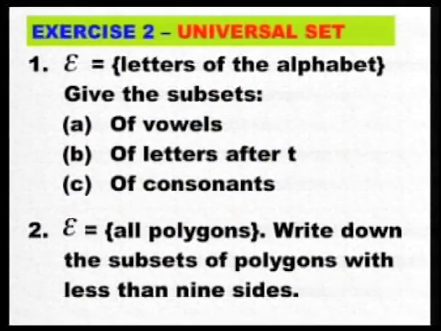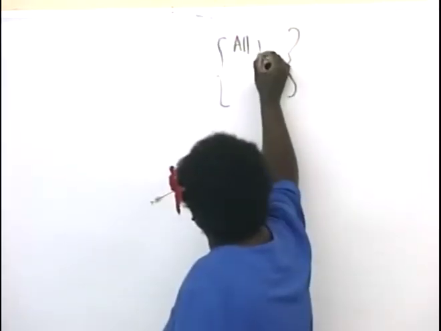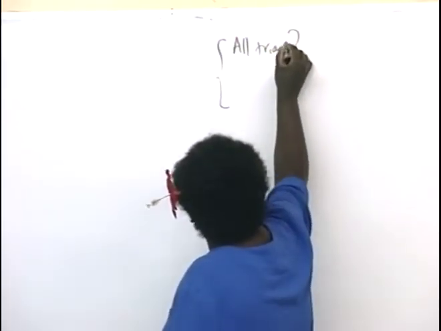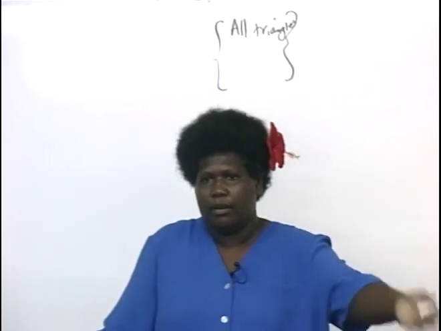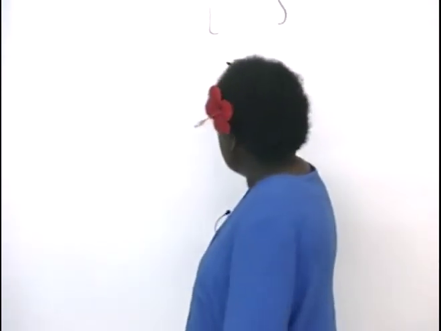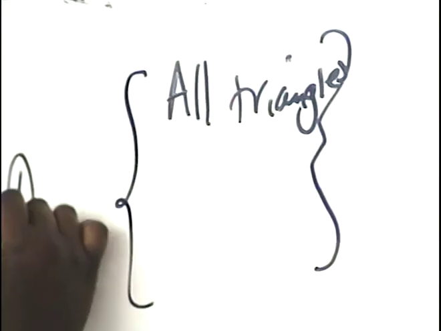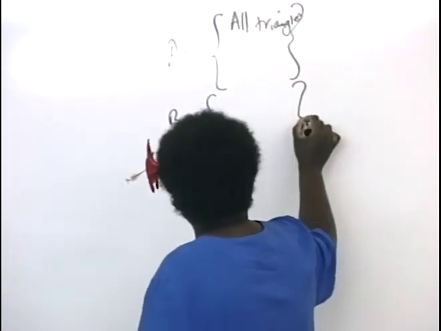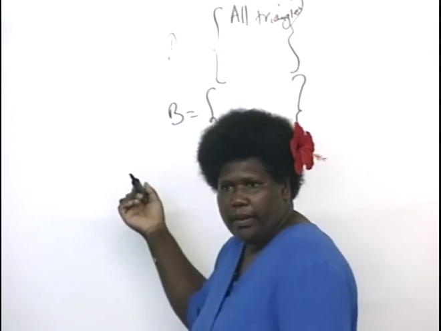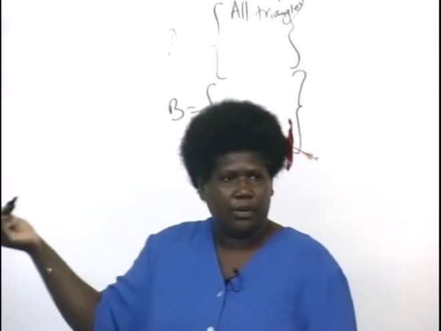So the first one will be all the triangles. In this set, you're supposed to have equilateral triangle, scalene, right angle triangle, isosceles triangle, because triangles are polygons with 3 sides. That's set number 1. Let's call it A. Set number 2, you're supposed to have all the quadrilaterals, which is a square, a rhombus, a kite, a trapezium.